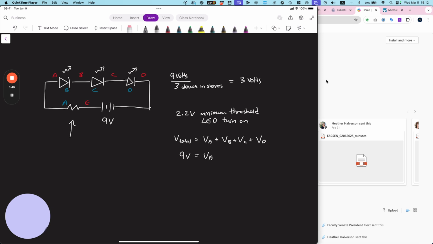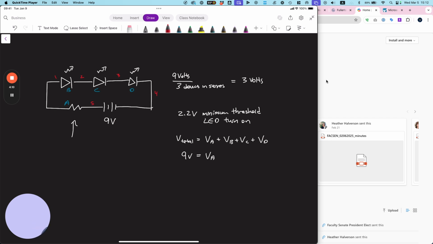I'm so sorry, I should use numbers here. I should use 1, 2, 3, 4, 5. So it's going to be the blue. Okay, so the LEDs are the same.